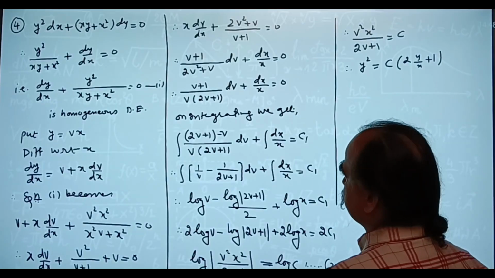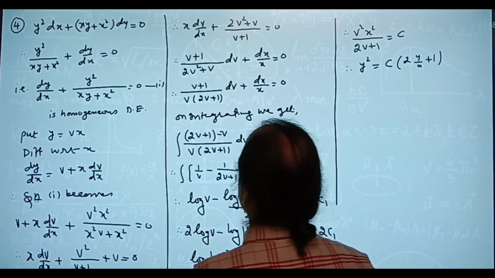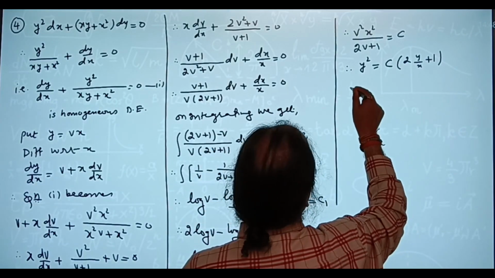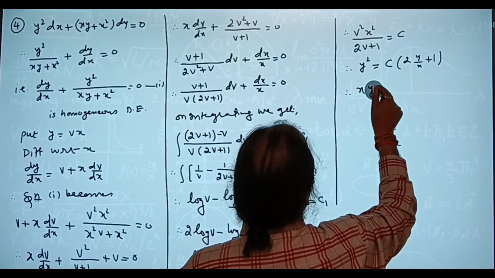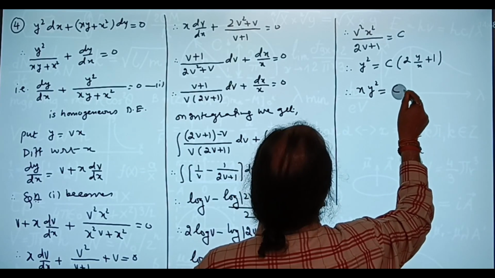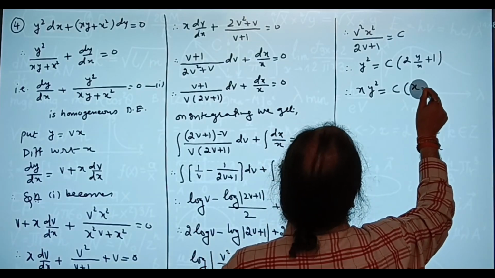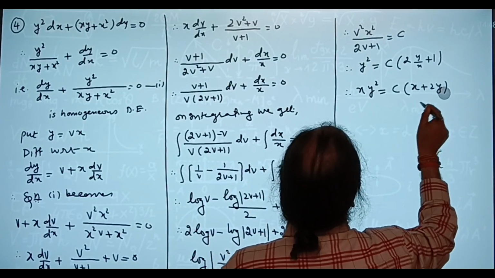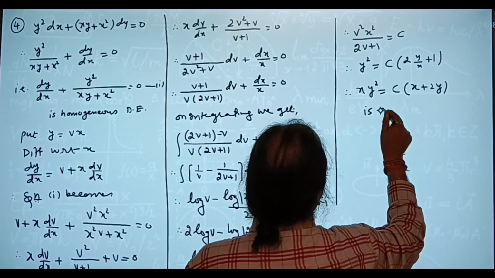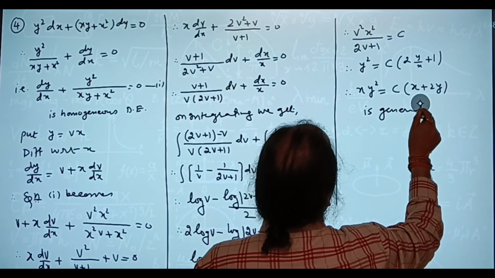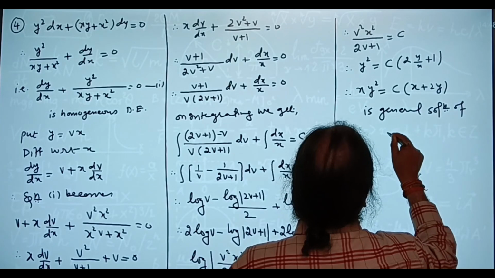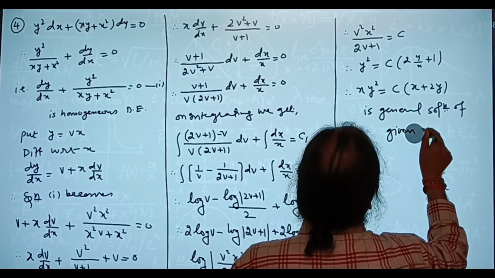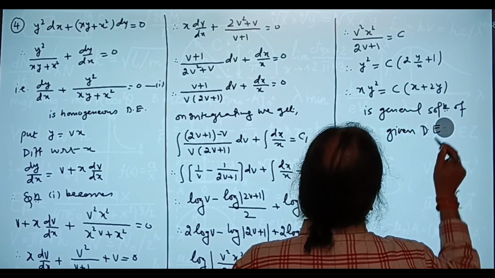Replace v by y by x, v is equal to y by x. x LCM will come here. x y square is equal to c into x plus 2y is the general solution of the given differential equation.